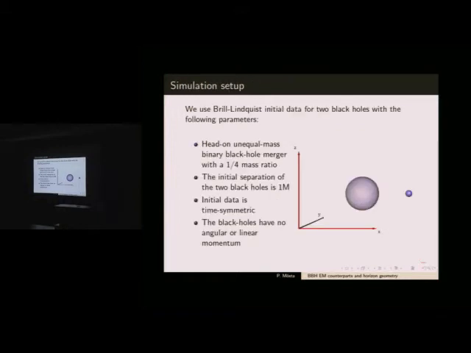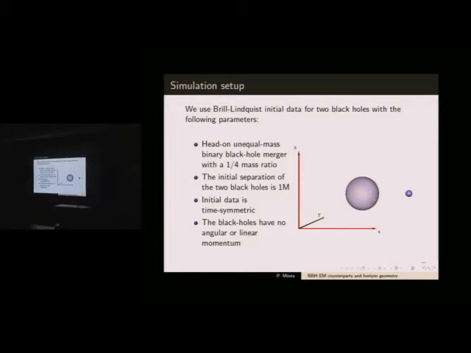Right. Now we start with some features. This would be a typical initial configuration that we look at. Here you see the two blue spheres are our horizons of the two black holes, and there's a mass ratio here. The mass ratio for this simulation would be 1 to 4. You see that they are from an axisymmetric system here.